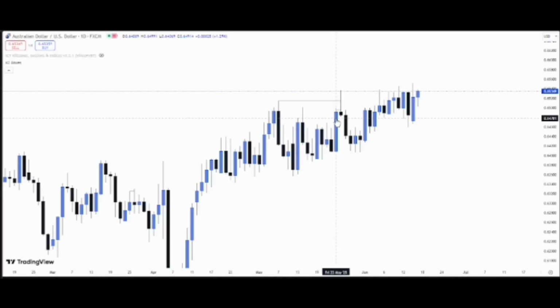Very, very crucial. You don't want to take your trades from the middle of nowhere. You can actually locate your zone before the London kill zone or the New York kill zone, but the actual pulling of the trigger must be within the London kill zone or the New York kill zone. Please take note of that.